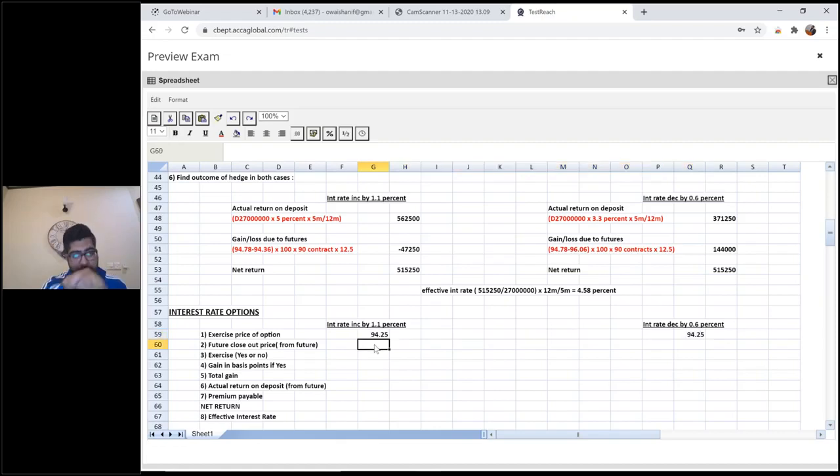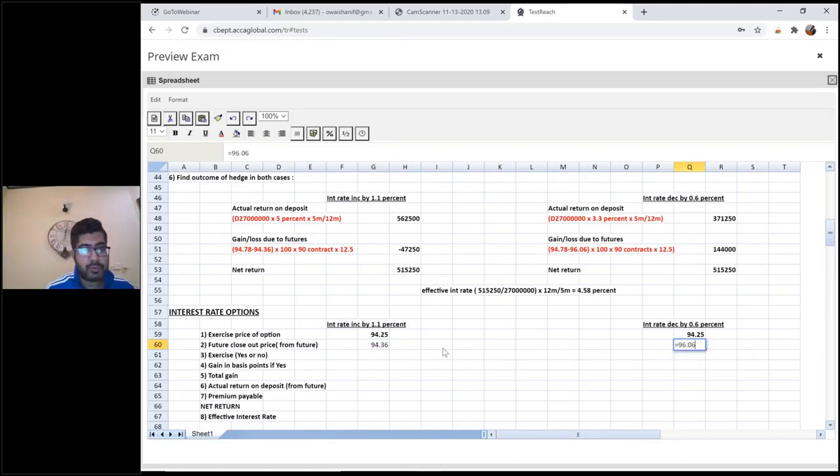Compare with future closeout price from futures. Remember, in case of increase, the future closeout price was 94.36. And here, 96.06.